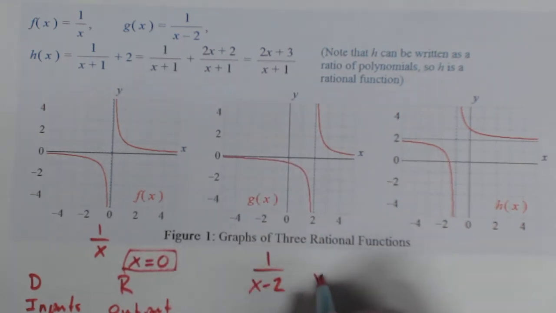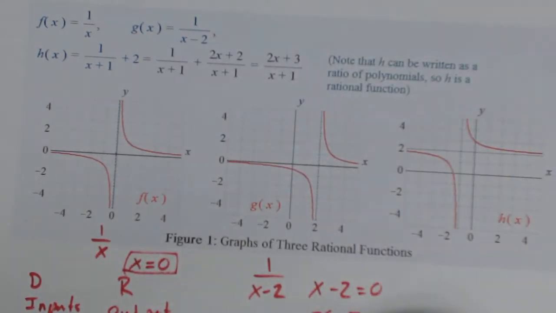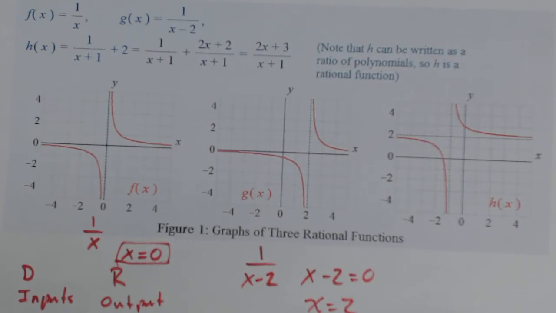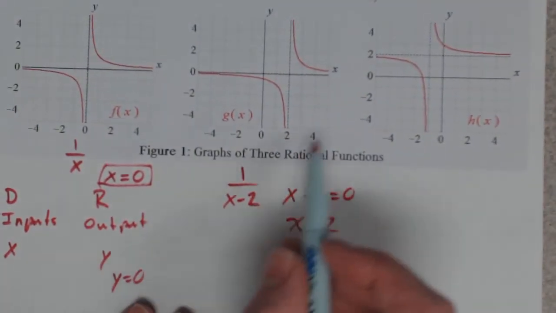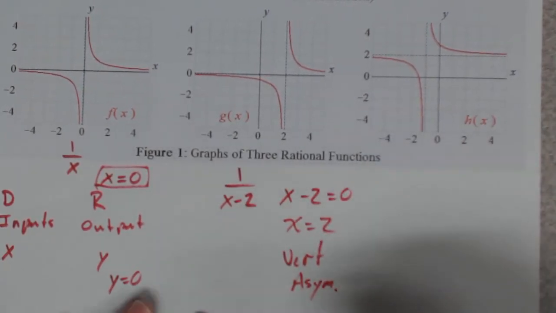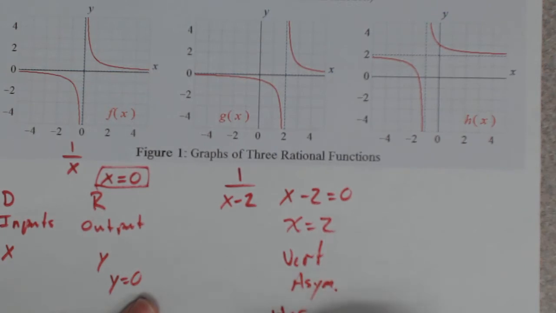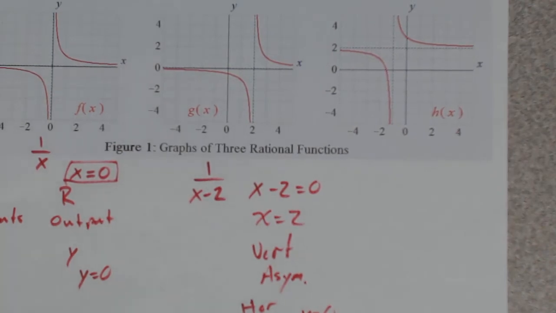Or you just set the bottom equal to 0 and say x equals 2. That's the vertical asymptote. Okay. Now the horizontal asymptote didn't change any, right? We didn't shift anything up or down. So the horizontal asymptote is still y equals 0. And we'll talk about that here in a second.